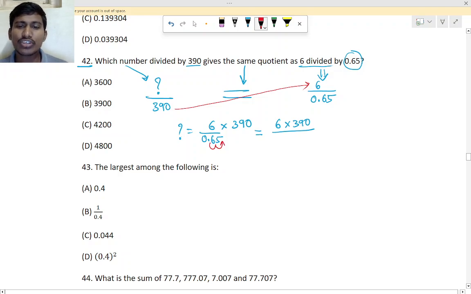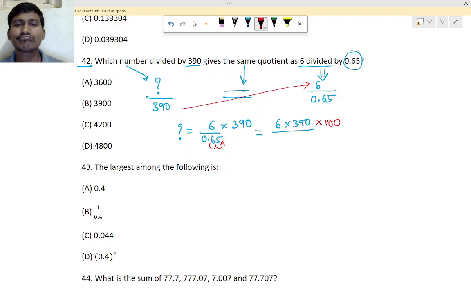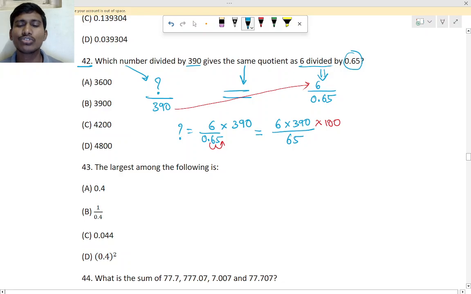So how many zeros we have to multiply it here? 0.65 means it will become 65. How many zeros we have to multiply? 2 zeros, that is with 100. So it will be now 65. Now you divide and you will get the answer.